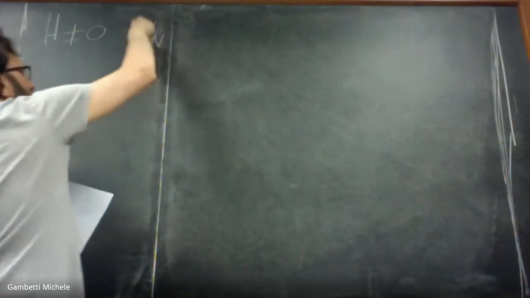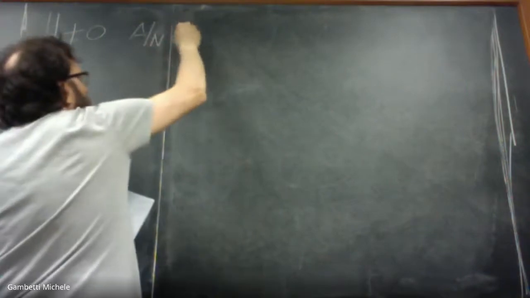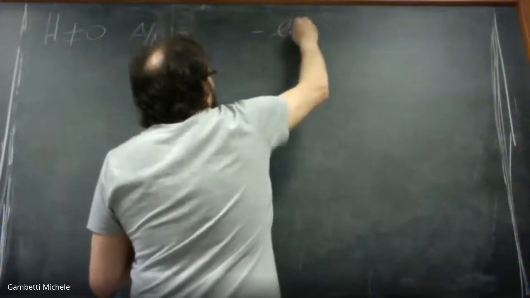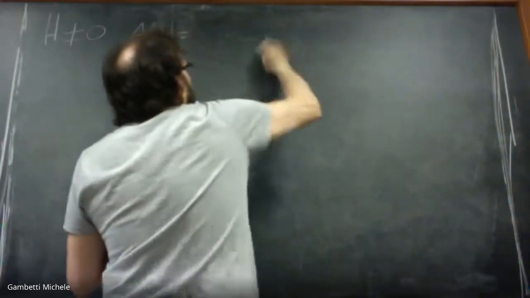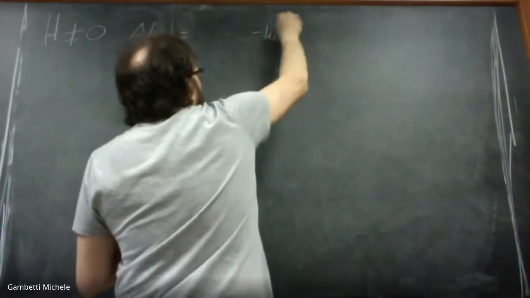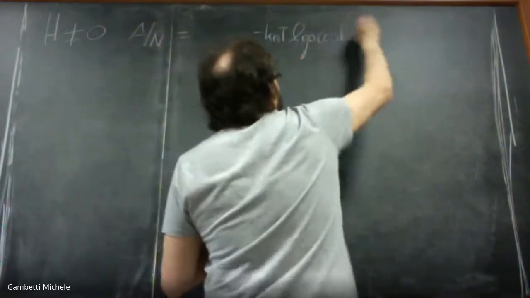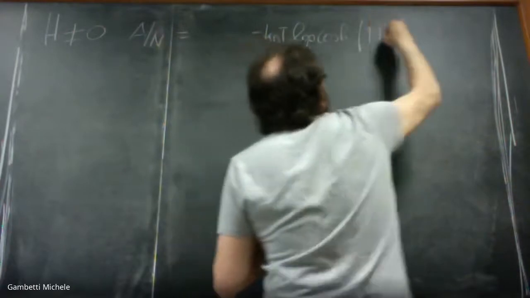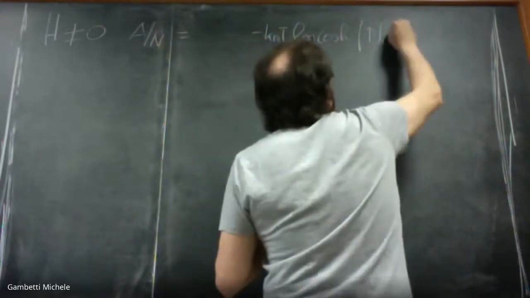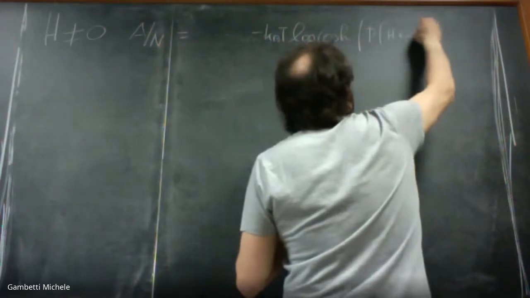At some point in the expression of a divided by n, I have some terms, and at some point I have the minus kbt log of the cosh of beta h plus n epsilon q.